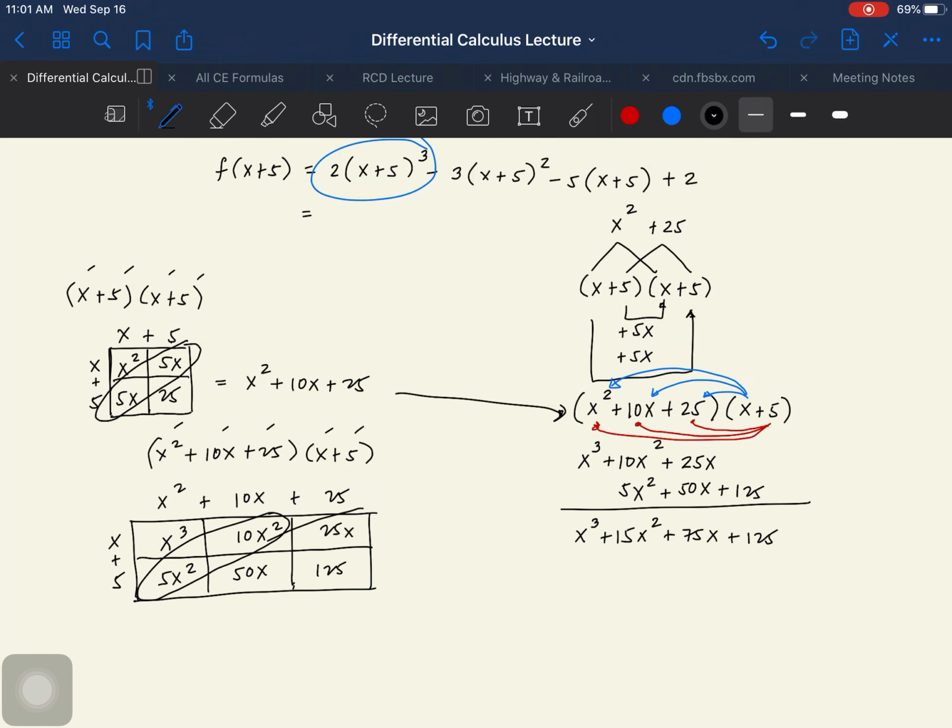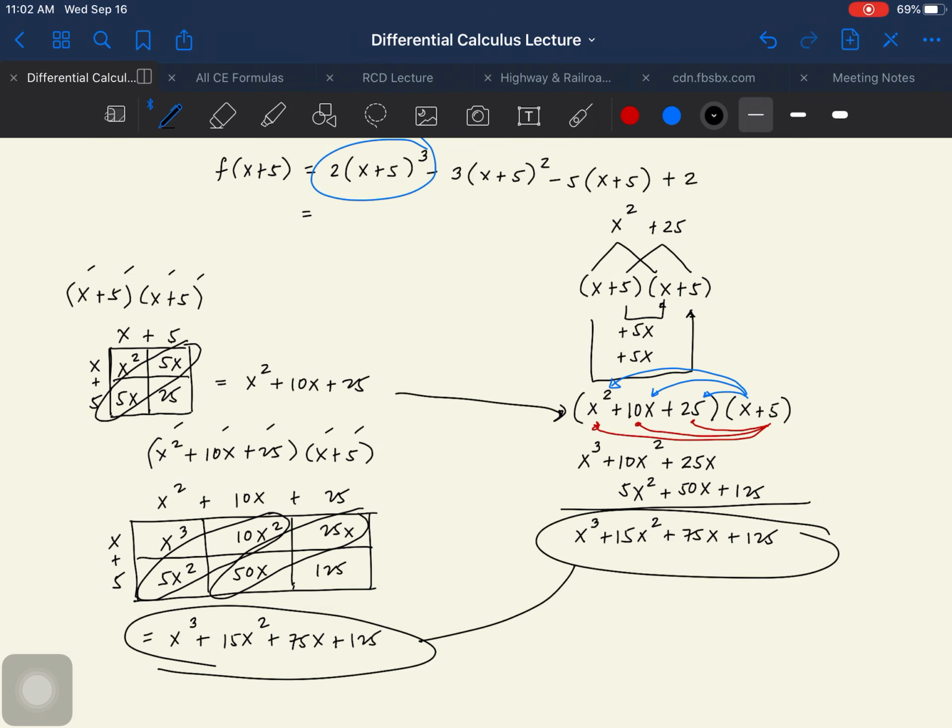I'm sorry, forgot the x there. Okay, then collect all the answers inside the box. That is x cubed plus 5x squared plus 10x squared, that is 15x squared, plus 25x plus 50x, that is 75x, plus 125. So as you can see, we arrive at a similar answer.